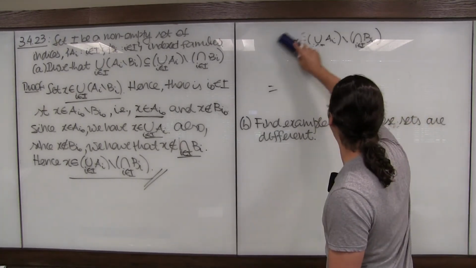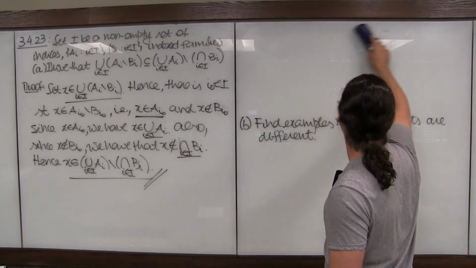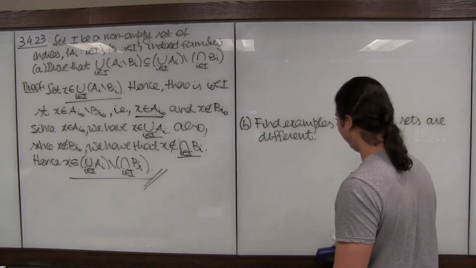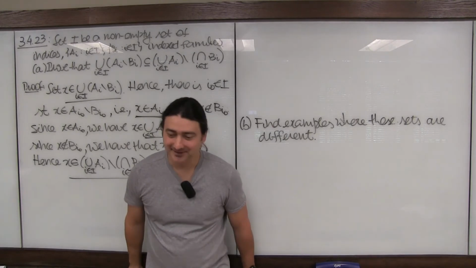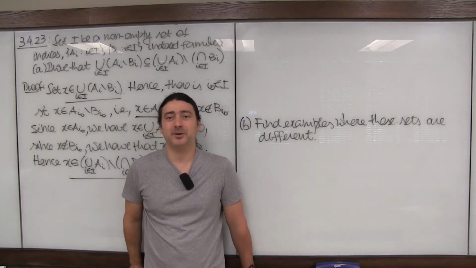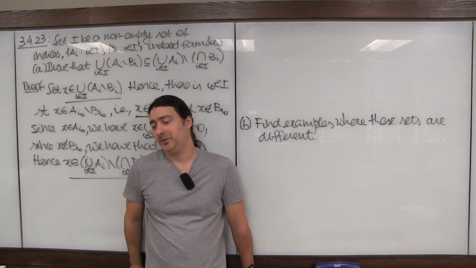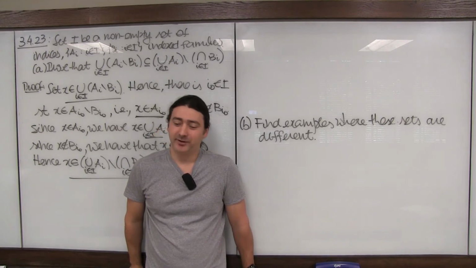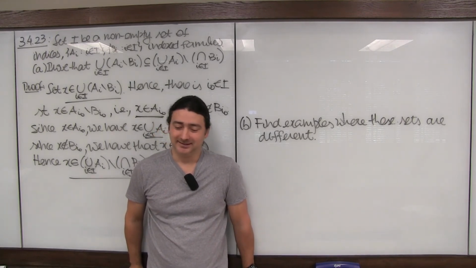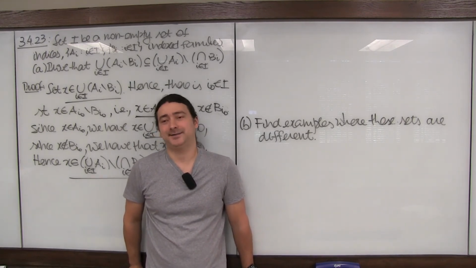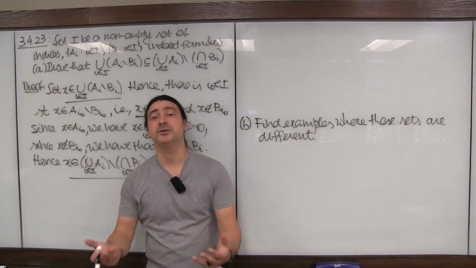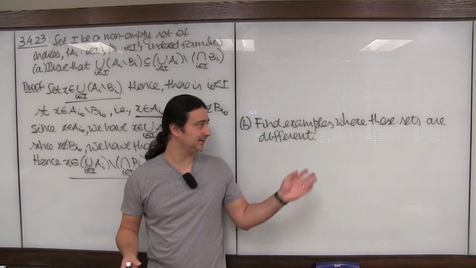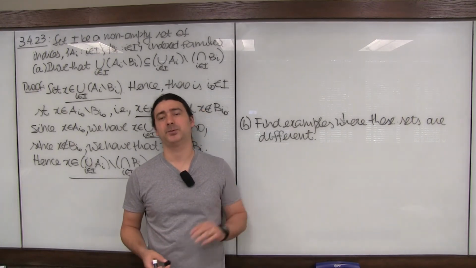Now, part B is one of those where it's hard to see if it is easier or harder than part A. It depends on how creative you are, how much you can visualize, how much intuition you have in this problem. If you have some intuition, this is fairly easy. You don't have to come up with a proof.